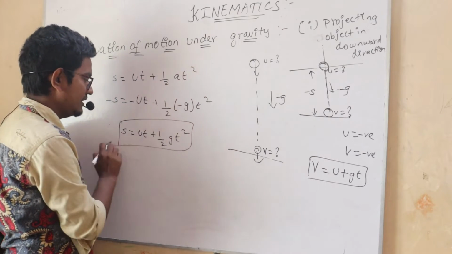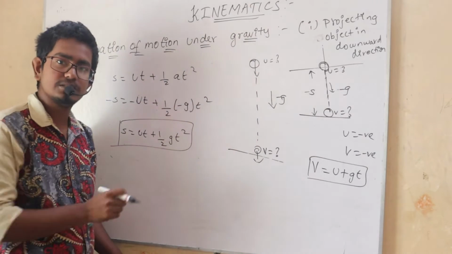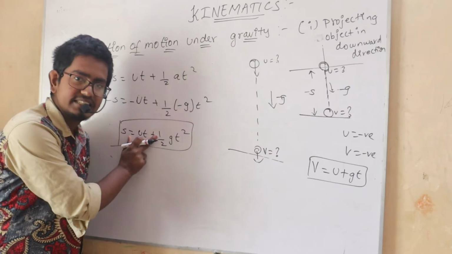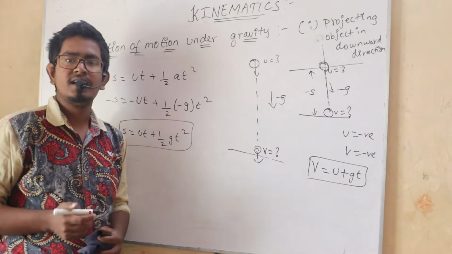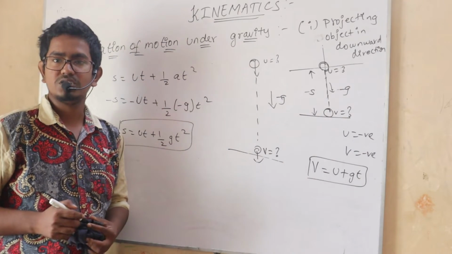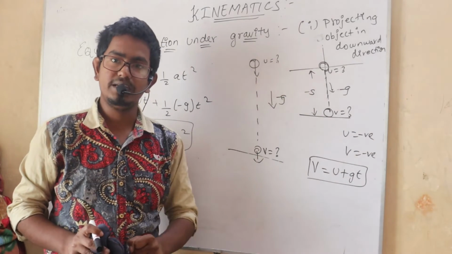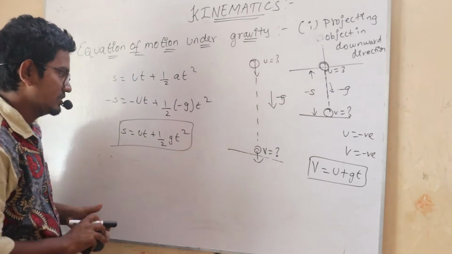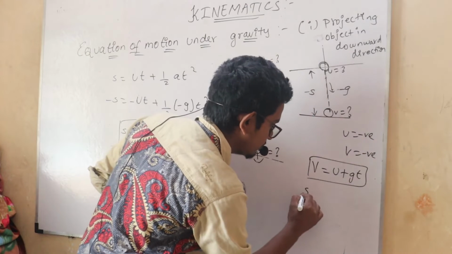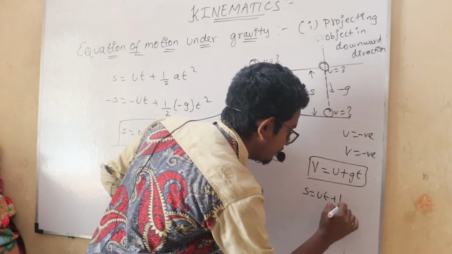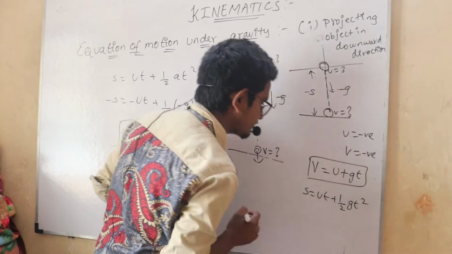It is the displacement after time t seconds. I found my second equation for the motion under gravity if I am projecting my body in downward direction: s is equal to ut plus half gt square.